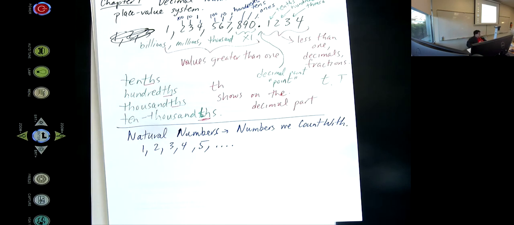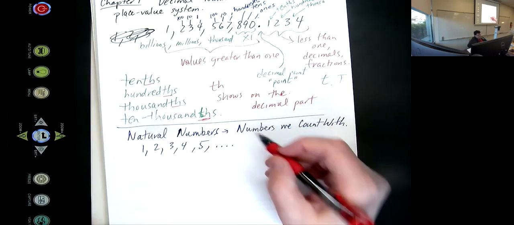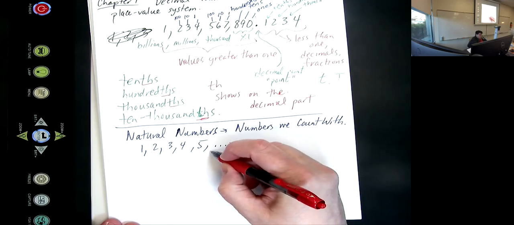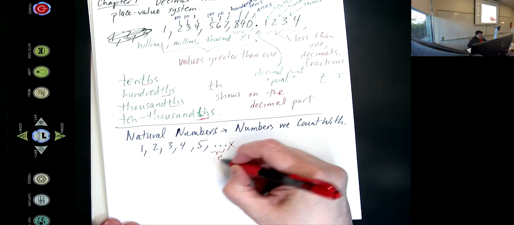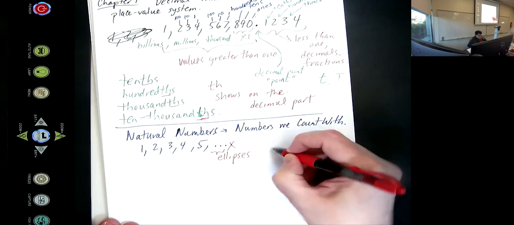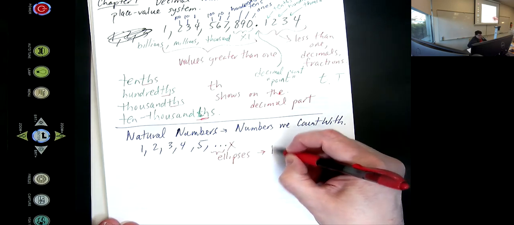Zero is not a natural number. We don't count zero of anything. Oh, I wrote too many. These are called the ellipses, and they indicate to keep following the pattern.